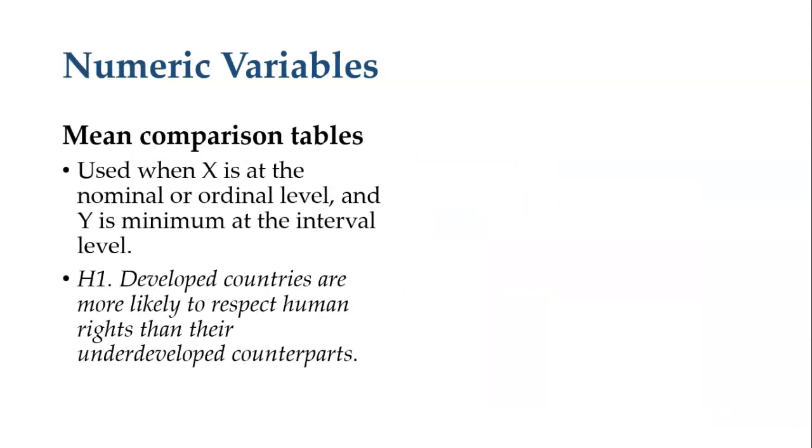Okay. When you have a dependent variable that is at least at the ordinal level, but it's better to be at least at the interval level, you can estimate means, and therefore you can use the mean comparison tables. Okay? And in this case, I use again Pollock's example of the relationship between development and human rights respect.